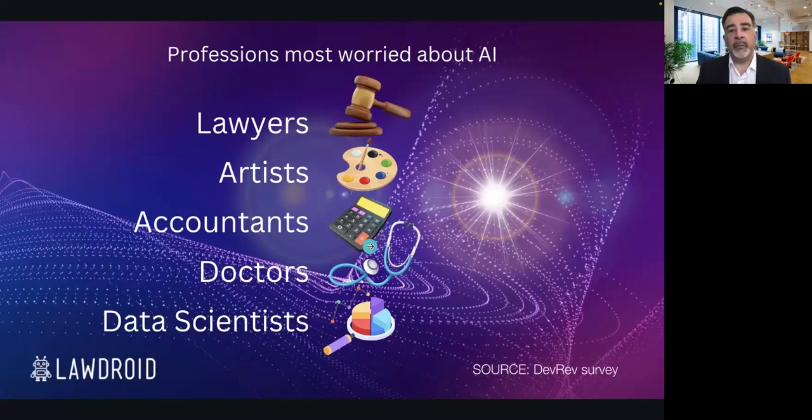Accountants also are worried, and this is an order of worry, I guess. Doctors as well, though. As we probably have already heard, you can use AI to review X-rays and identify problem issues, which is actually fantastic, right? Because a doctor just might be tired because they work many hours, just like we do, and they might miss something. So to have a second pair of eyes, even if it's an electronic pair of eyes, to catch something, I think that's all good, right?